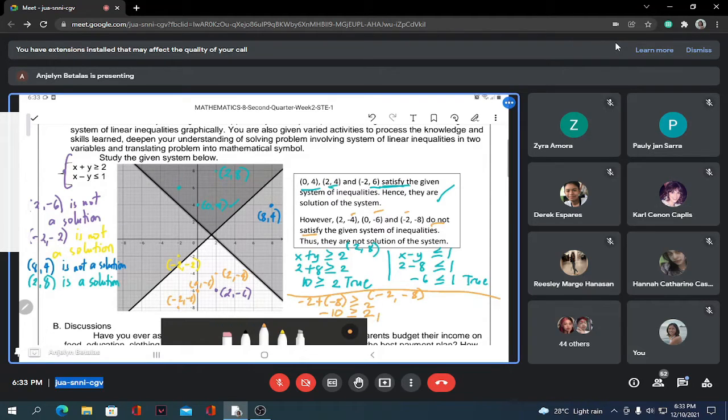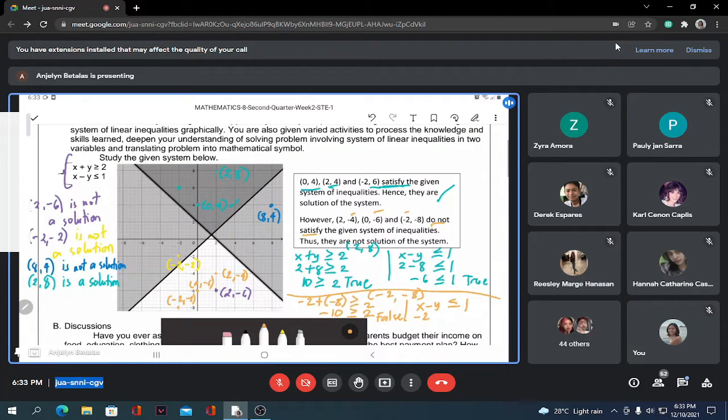Very obvious, false. Meaning, it does not satisfy the inequality.